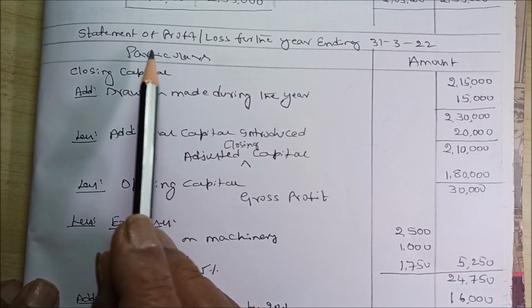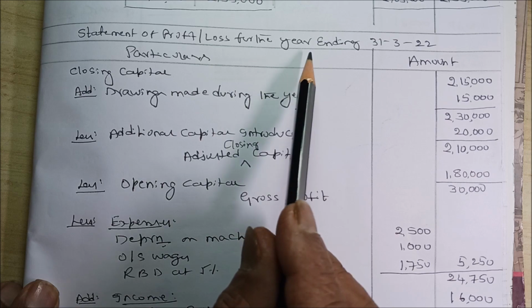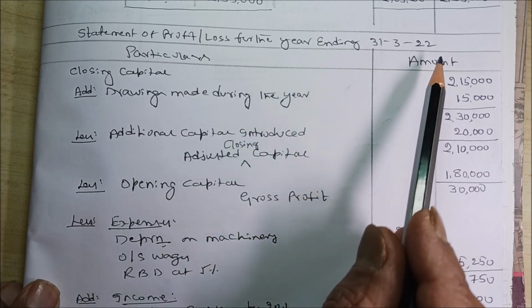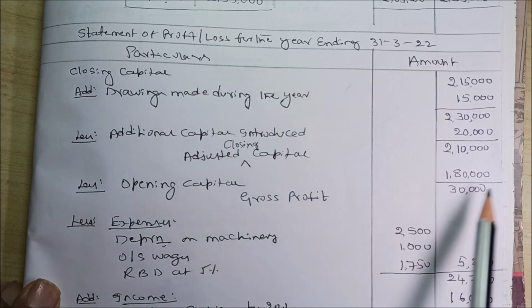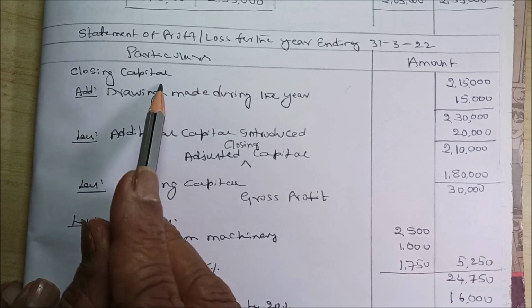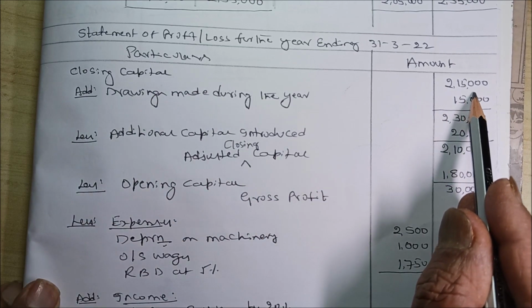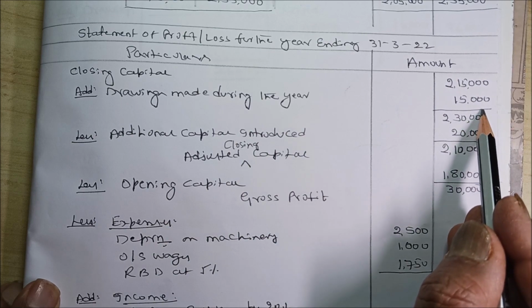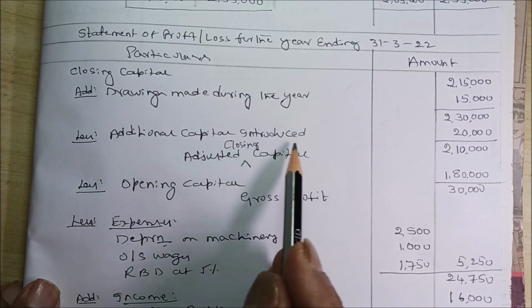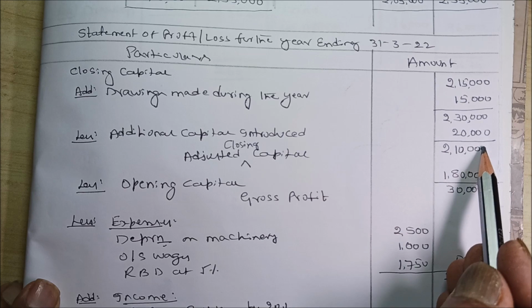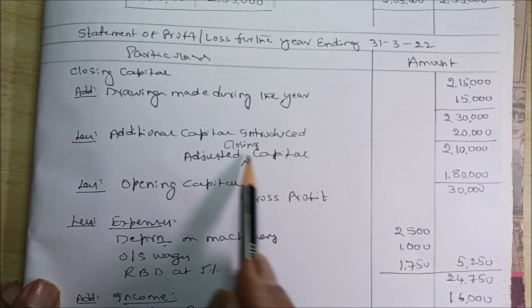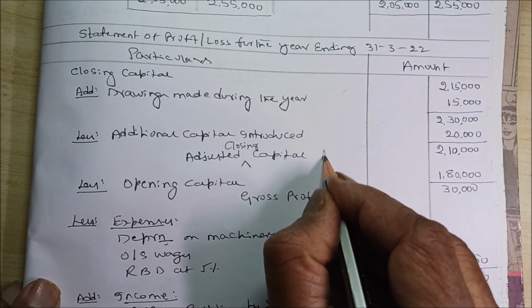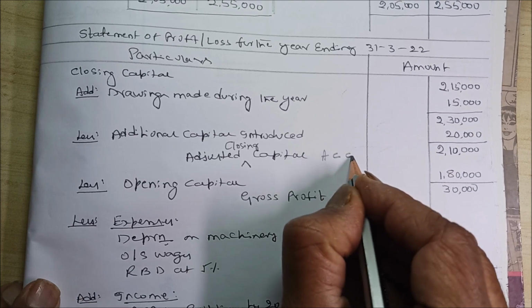Statement of profit or loss for the year ending 31/3/22, particulars, amount, inner column, outer column. Closing capital 2,15,000, add drawings made during the year 15,000, less additional capital introduced during year 20,000, then it is called adjusted closing capital, popularly known as ACC.